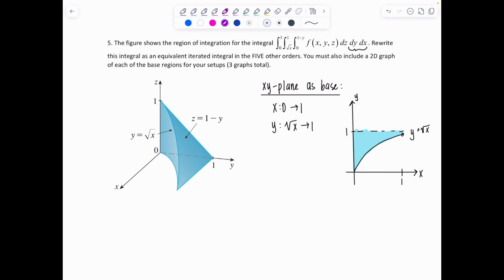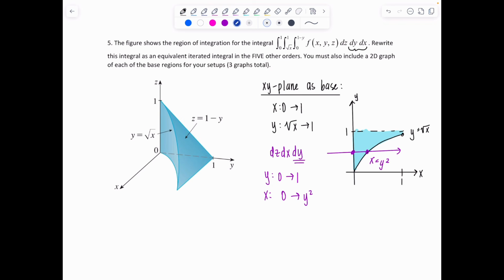So if we're going to switch the order so that it goes dz, dx, dy, whoever is last, those limits have to be nothing but constants. So that one's going to go 0 to 1, and then x is going to go from x equals 0 to x equals y squared, 0 to y squared. And I'm leaving dz first, so we don't need to move that.